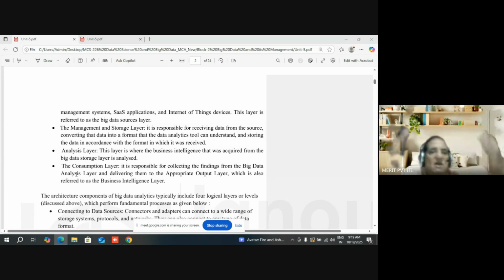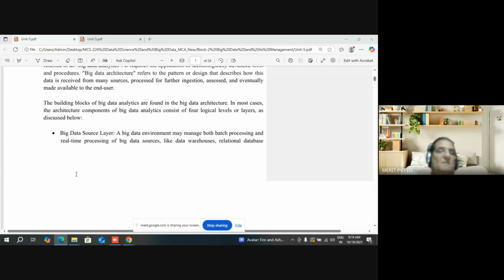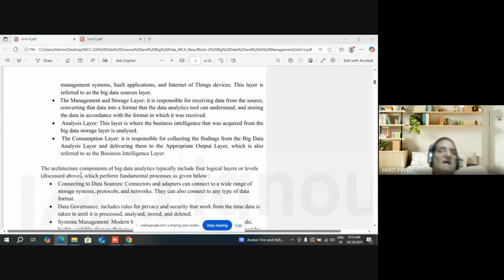So you see the whole spectrum, starting from the big data source layer to the management and storage layer, to the analysis layer and the consumption layer. The consumption layer passes the data to the intelligent people for taking decisions on what to be done. Right? You understood this? Is it clear? All these 4 layers?